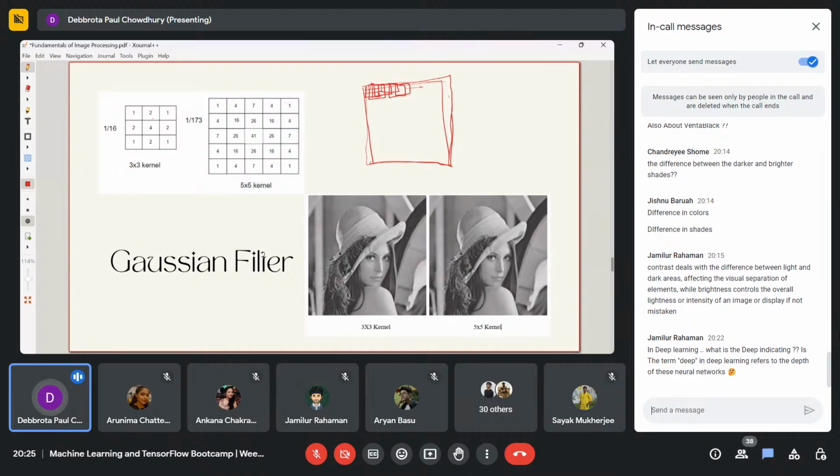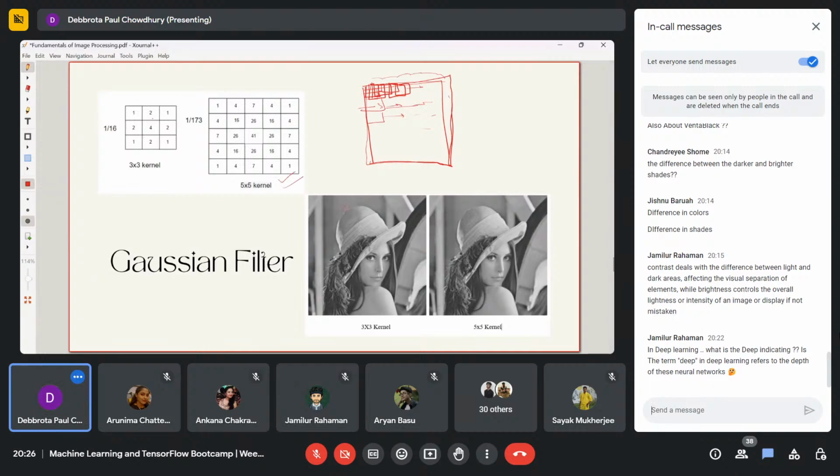So these are windows, right? Kernel. So we'll apply this one to the first one, then the second, then slide, then slide, then slide, all over the image like this. So we'll apply this filter all over the image, and we'll get a blurred image.